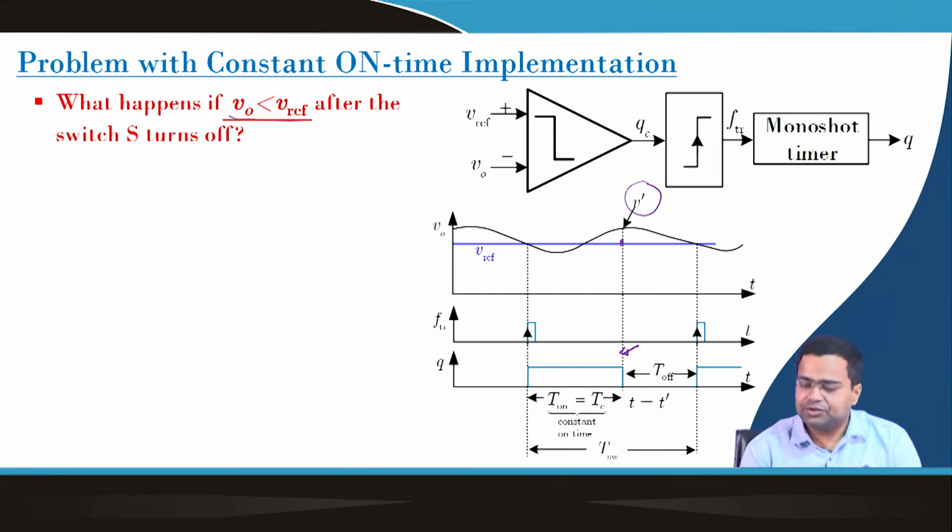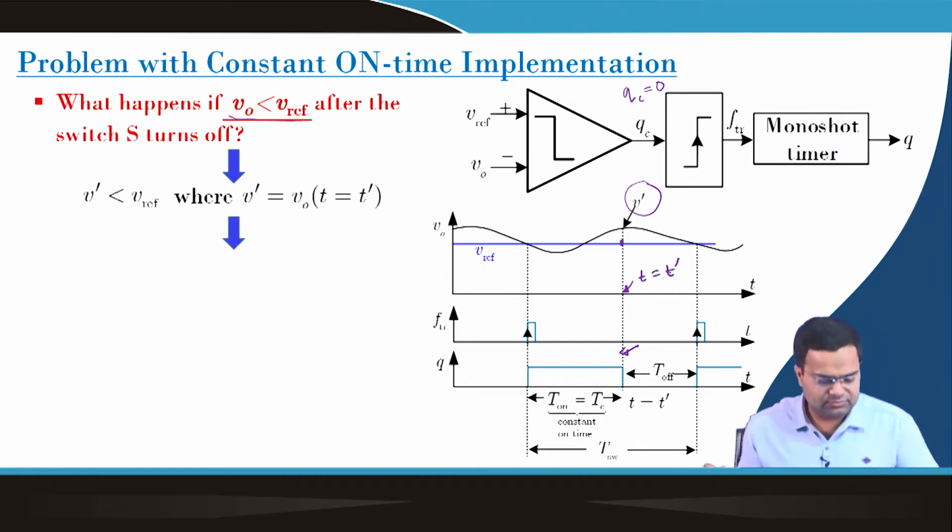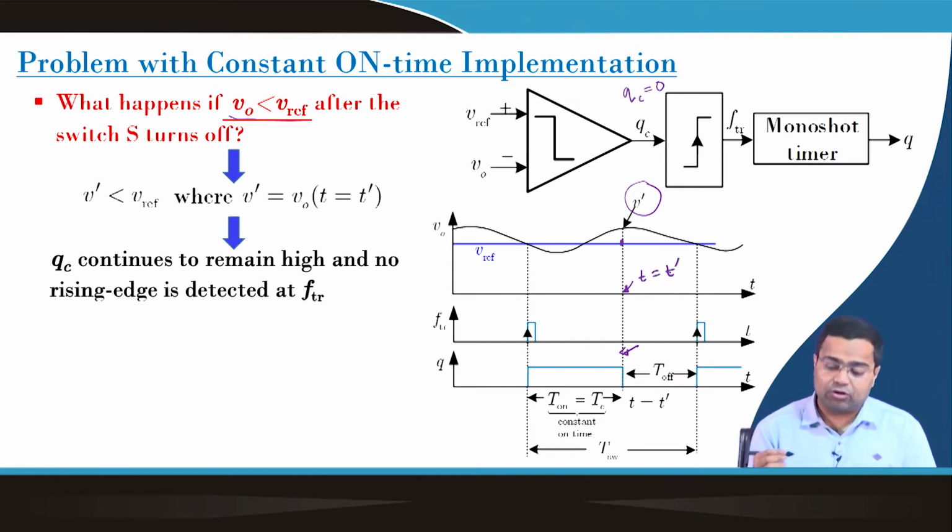What will happen? The comparator output QC is low, there are no edges, and the monoshot timer is not activated. V dash is less than VREF at t equal to t dash, and QC continues to remain high.